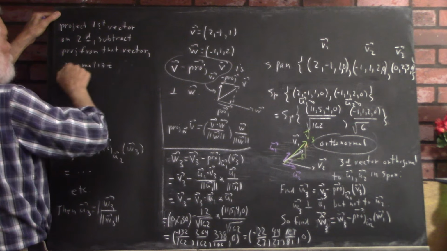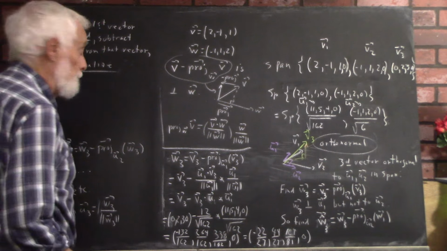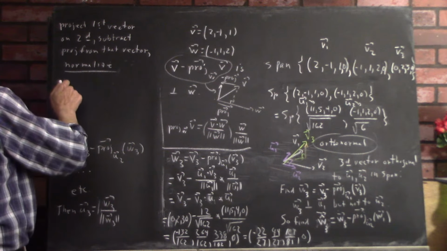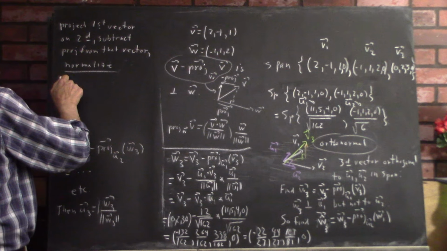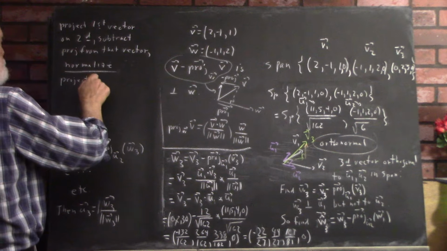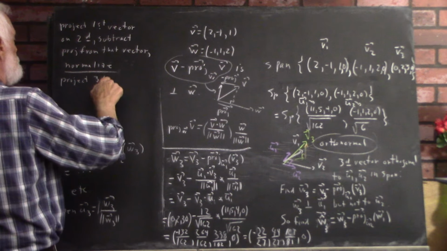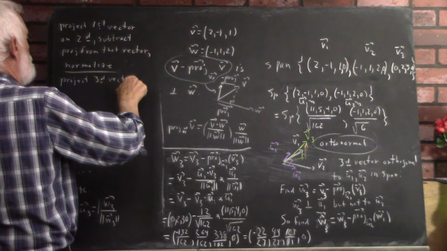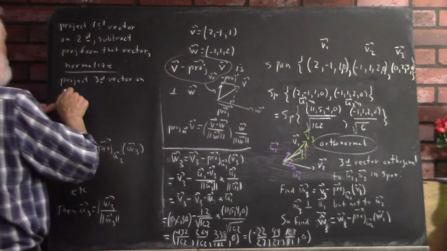And then you normalize that vector by dividing by its magnitude. Then project the third vector on the first.